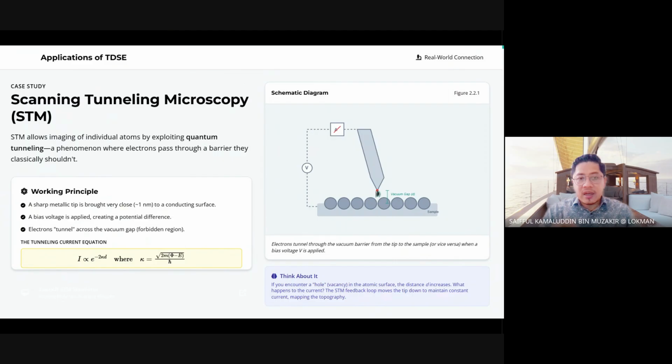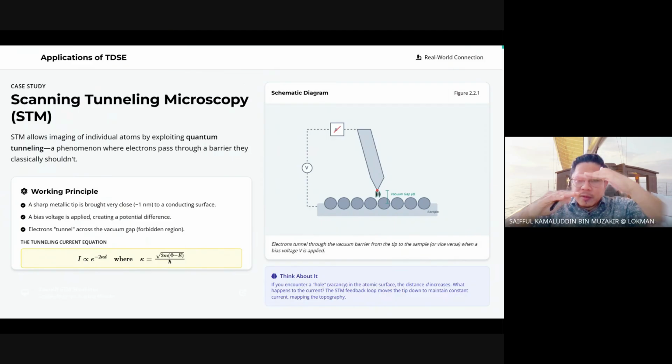Remember that the current is extremely sensitive to distance. This is why the STM can map surfaces at atomic scale: the tip nearly touches the sample, and the space between the tip and the sample is on the scale of angstroms.